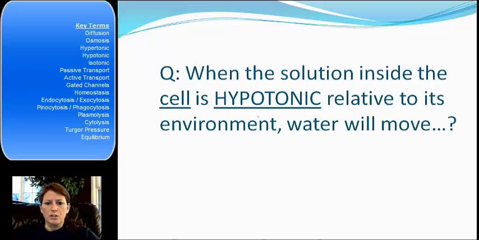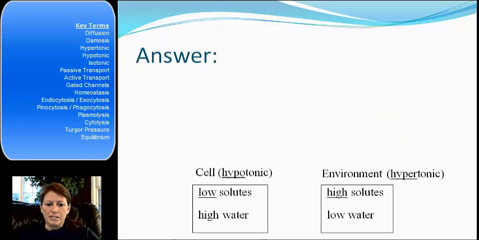Okay, so here's another question. When the solution inside the cell, so we're looking at the cell again, is hypotonic, I want to know what the water will do. I set it up just like the last one so you can compare the two. I know this is repetitive, I've got hypo referring to my solutes.